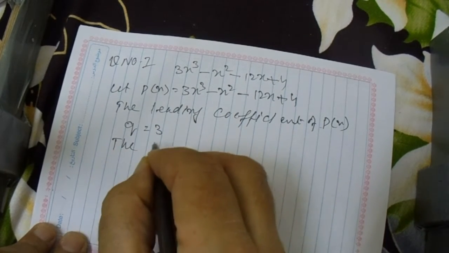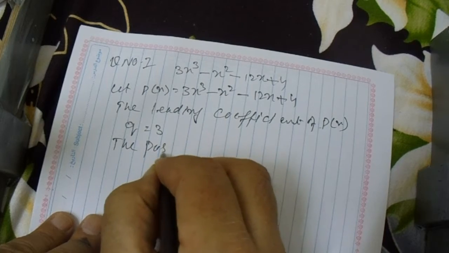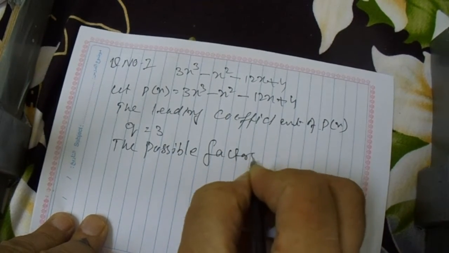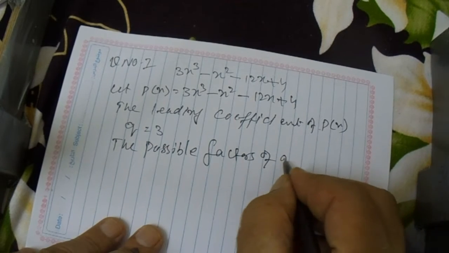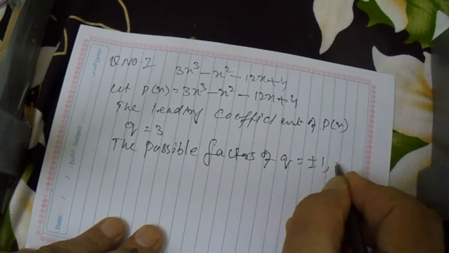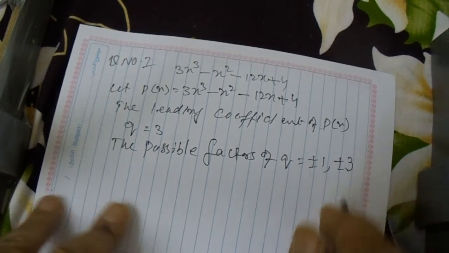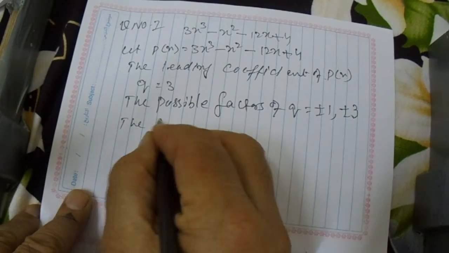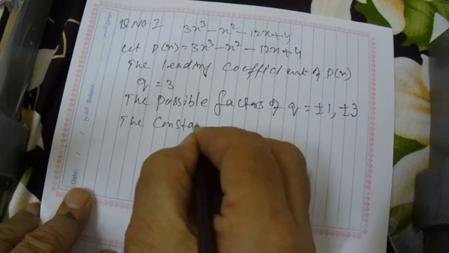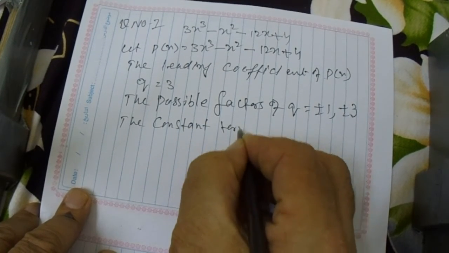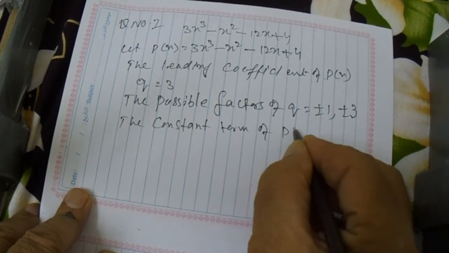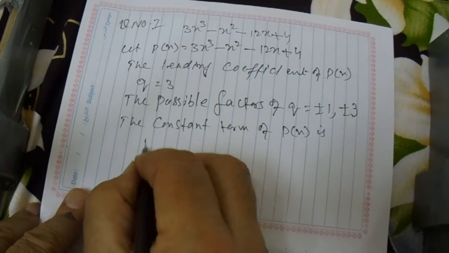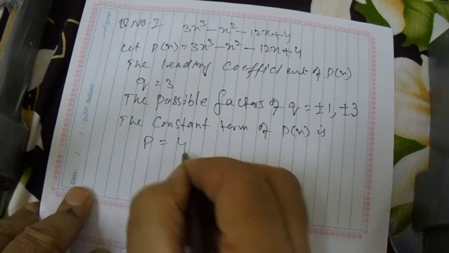The possible factors of Q are ±1 and ±3. The constant term of P(x) is P, which is equal to 4.